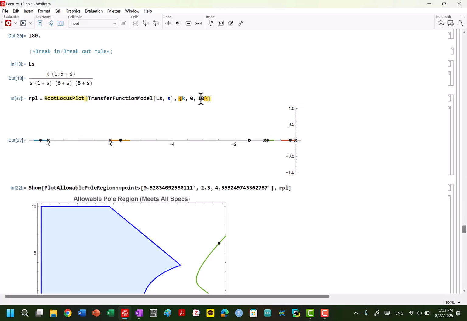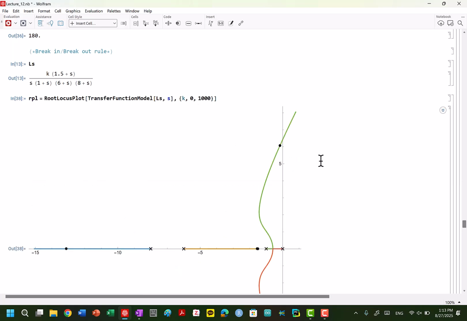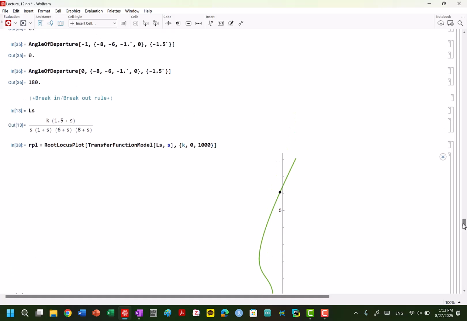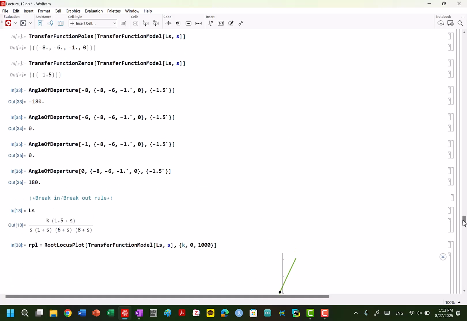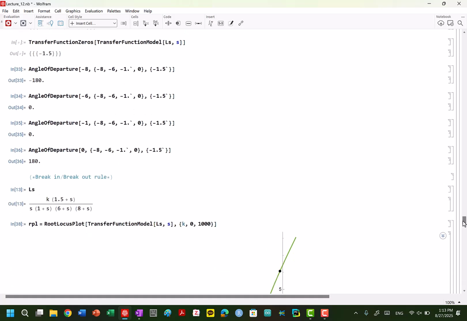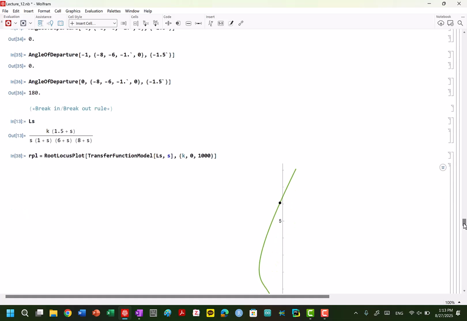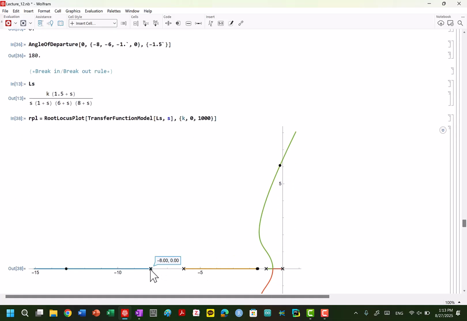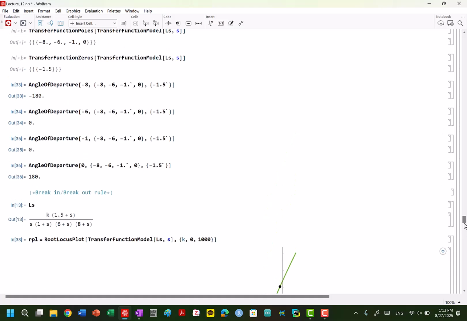And so actually if I increase now to 1,000, you can see 1 is just setting 0, and the other one is going to basically have that departure angle here. So actually we can see at minus 8, which is over here, goes to minus 180 here. At minus 6, hopefully we have basically that 0.